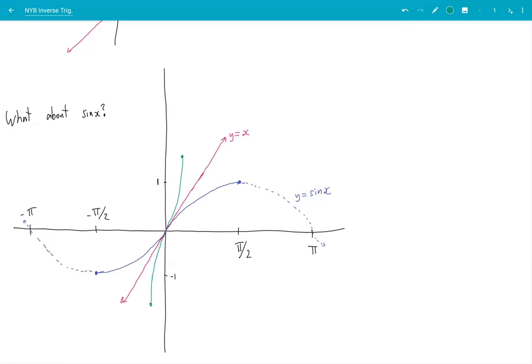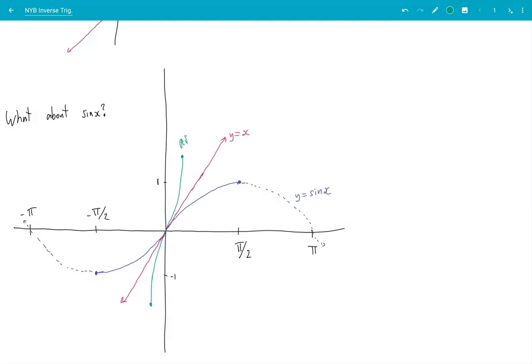You'll see that we took only part of sine x, not the dotted part. The dotted part we discarded, and we kept just the piece between minus pi over 2 and pi over 2. So we made a choice here. We could have chosen other pieces of sine of x, but this is the standard choice.